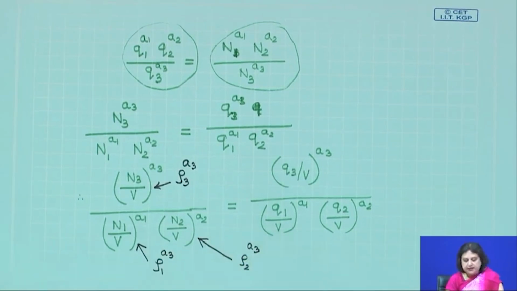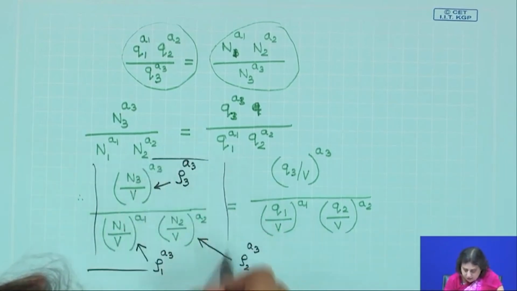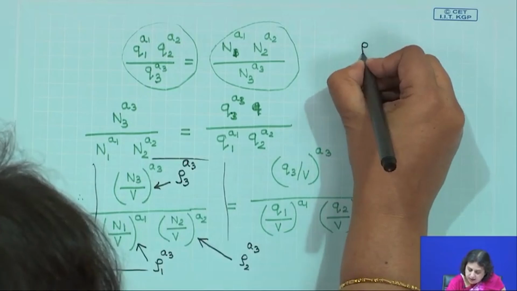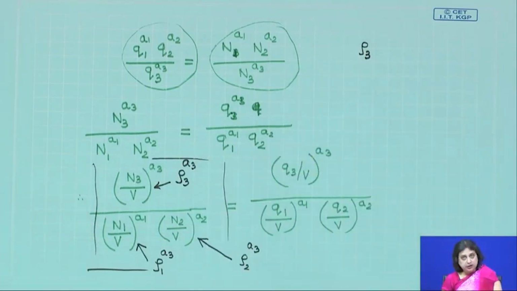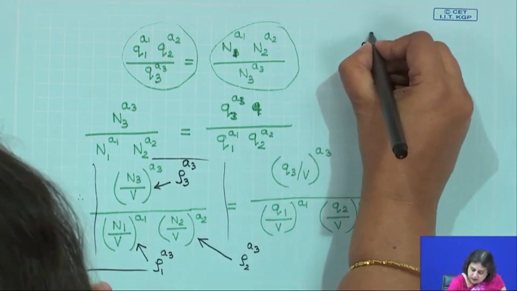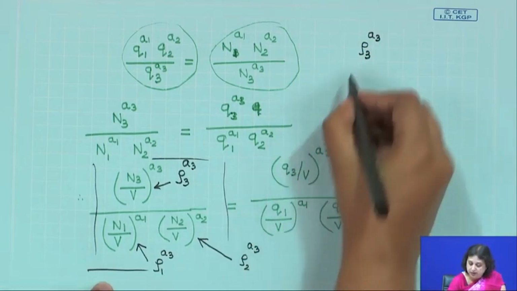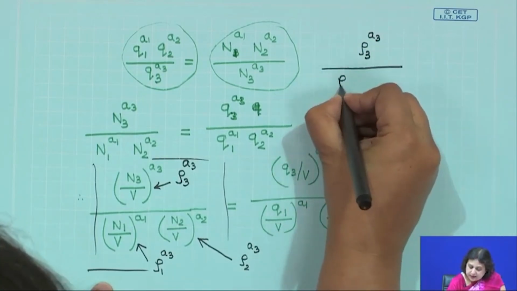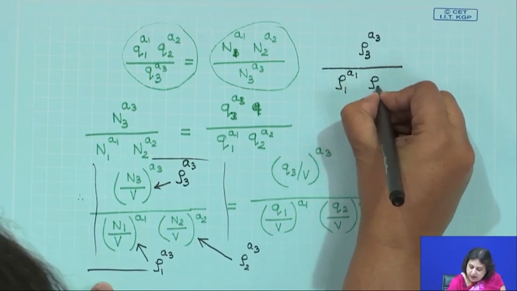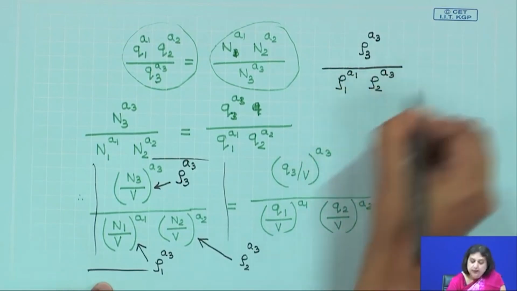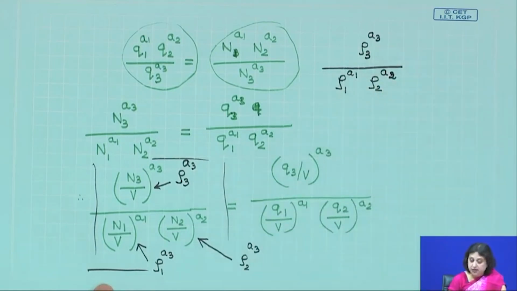So, now I find that if I look very closely at the ratio that I have formed, in the numerator I have the number density of the product, or the concentration of the product, raised to the power of the stoichiometric coefficient present in its balanced chemical equation, divided by the concentration of the reactants, each raised respectively to the power of the stoichiometric coefficient appearing in the balanced chemical equation.